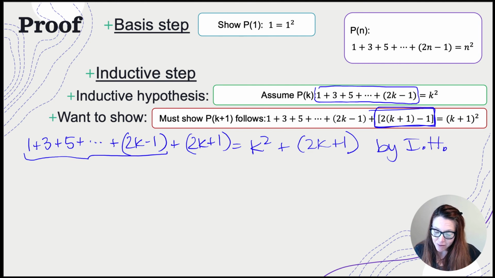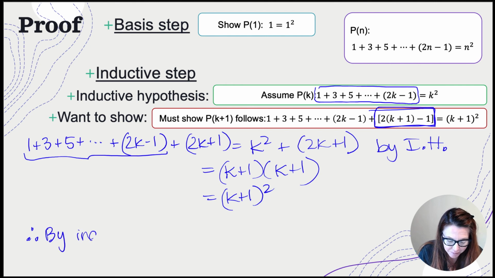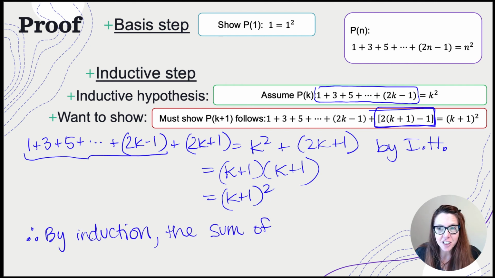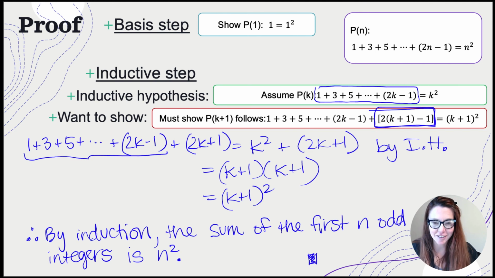And then we can see that this is equal to (k+1) times (k+1), which is equal to (k+1) squared. So this is everything that we need. And so we conclude that by induction, the sum of the first n odd integers is n squared. And then you put your stamp of approval at the end of your proof.